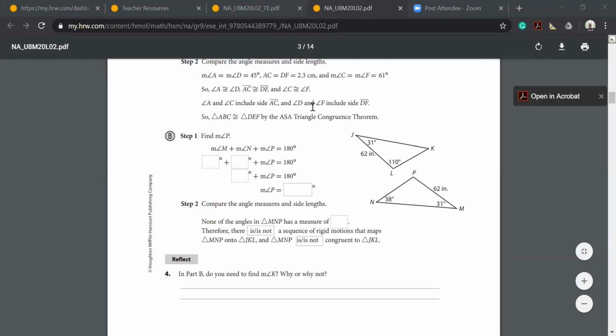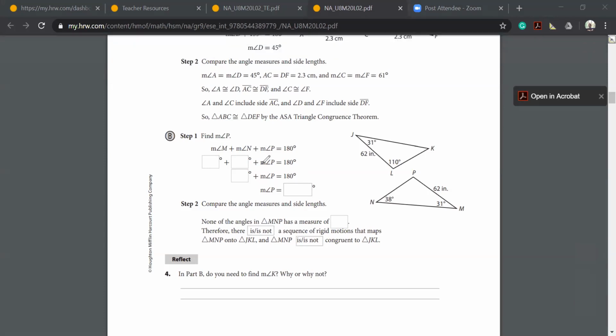Again, how can I find measure angle P? We said that measure angle M plus N plus P should be 180 because this is a triangle, right? So M is 38, and N is 31. I mixed them up, but in the end they are going to be added, so it's not a big deal.